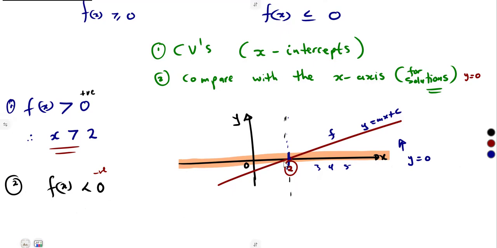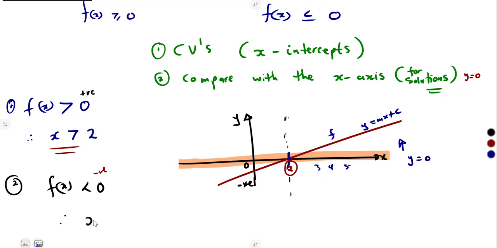So at 2, we can see that going to the left side, the graph is below the x-axis. This is our x-axis, and our graph is found below. The x-axis is above the graph. Our graph is below, it is negative, so the y values are negative. Starting from 2, 1, 0, and so on, the values will be negative.